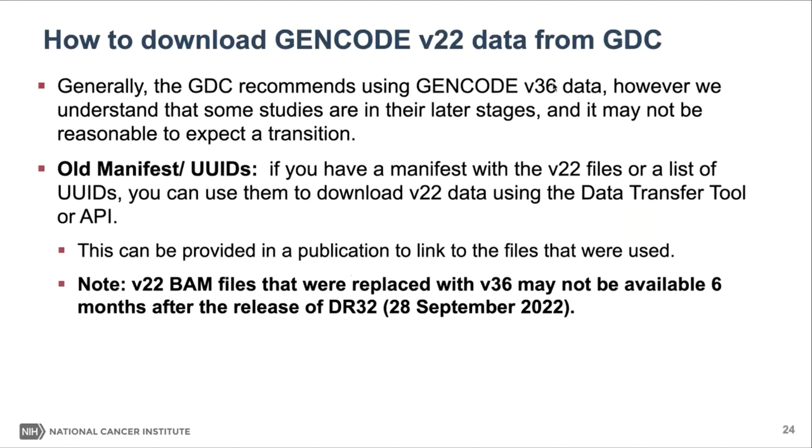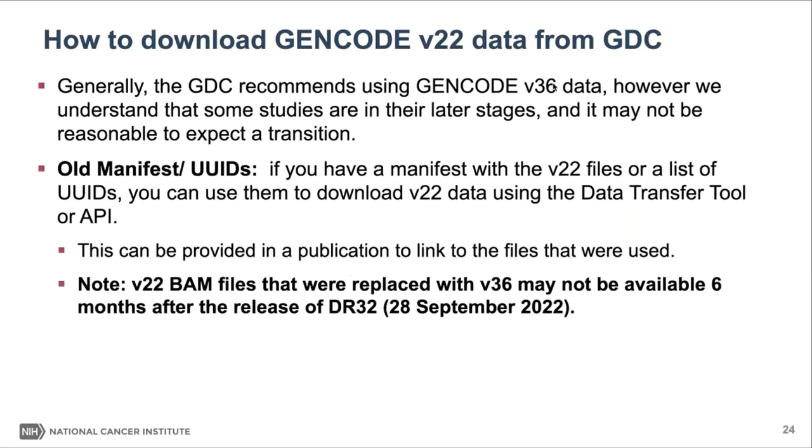Right now, the papers have been written, the analyses have been done, and you can't afford to go and do every single analysis over again because of a changed GENCODE version. So if it's not reasonable to expect a transition, you can always use an old manifest to download v22 data using the data transfer tool. These old manifests and UUIDs can be provided in a publication to link to the files that were used.